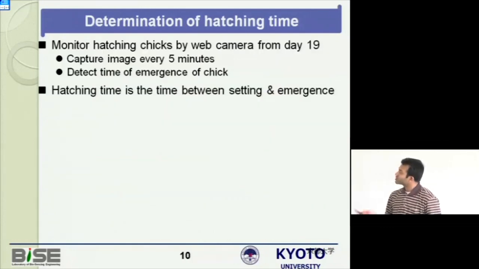For determination of hatching time, we monitor hatching eggs from incubation day 19 until all chicks hatch, and during monitoring we captured an image every 5 minutes. From the captured images we detect the time of emergence of the chick, and from the time of emergence and the time of setting the egg for incubation we calculate the hatching time.